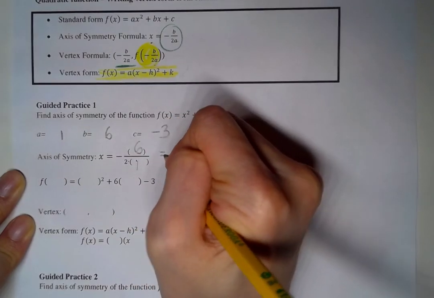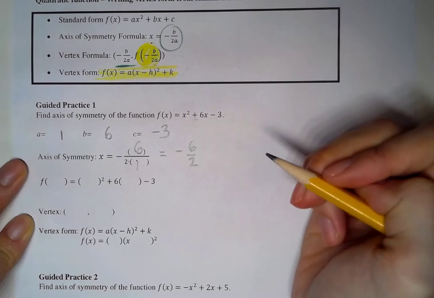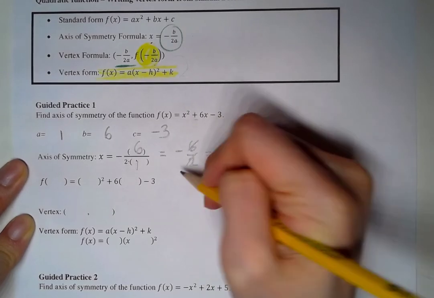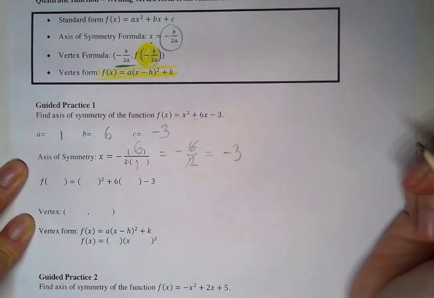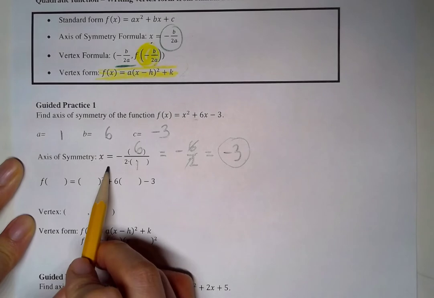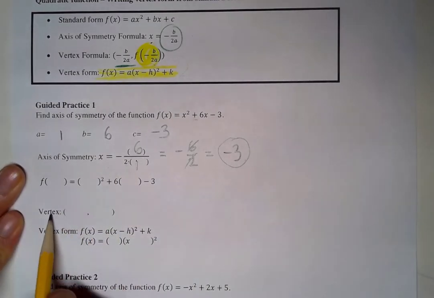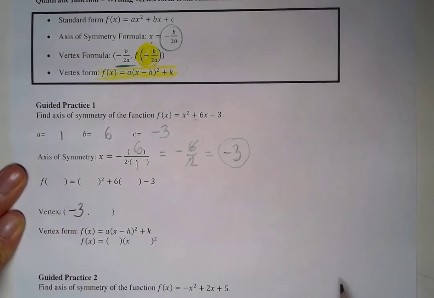So that is negative 6 over 2, right? When you simplify the number, you divide by 2, so you get negative 3. That's my axis of symmetry, or my vertex x-coordinate, right? So my vertex x-coordinate is negative 3.